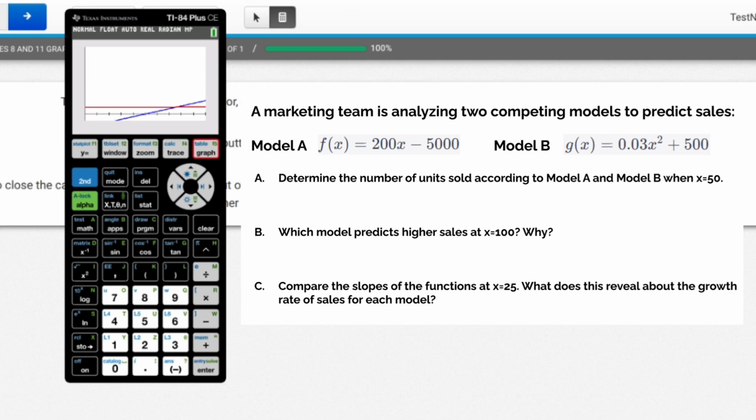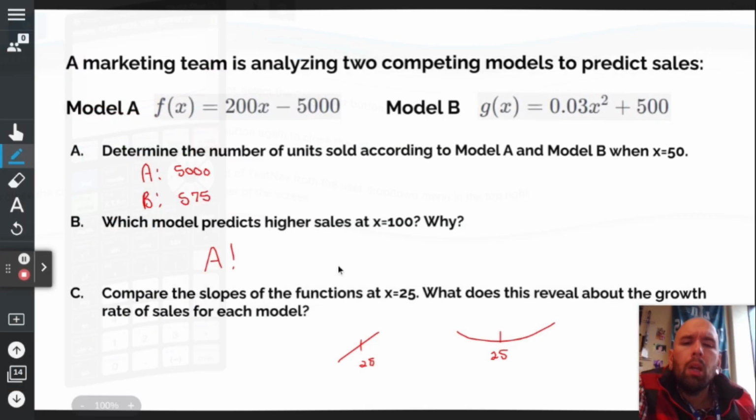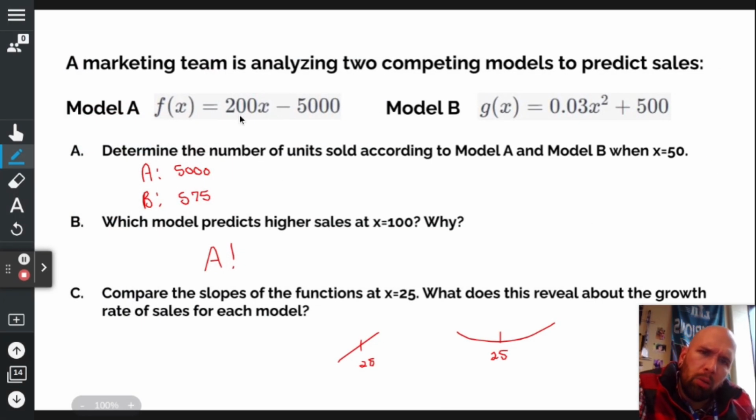So I was way off in my prediction there. So what does that reveal about the growth of sales of each model? Well, that tells me at that moment right there at 25 that A is growing at a much higher rate than B at that very moment. So I'll say that. The linear model was significantly steeper at that moment right there.